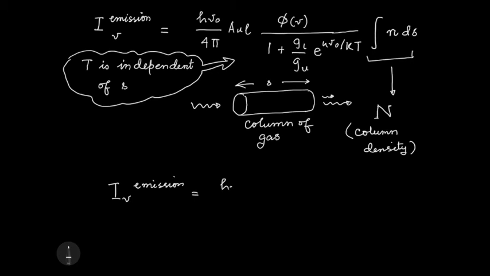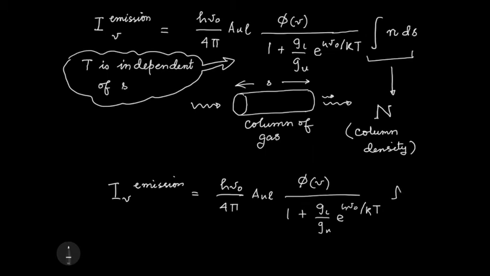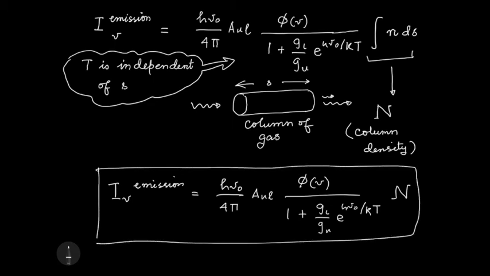If you look at this expression, which we'll see in more detail in the next discussion, if I assume again that temperature is independent of S, the properties of the gas that it depends on are the temperature, which we have assumed independent of S here, but it also depends on the column density of the gas.